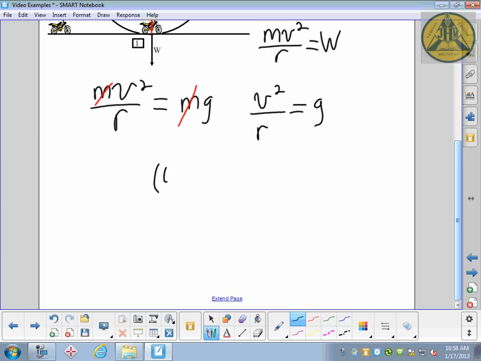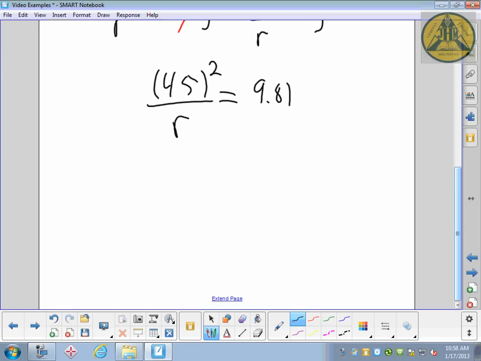So the maximum speed of this guy is 45. r is what we're trying to figure out. That has to equal 9.81. So we'll do some cross multiplying magic. And 45 squared is 2025. So cross multiply the r up to the other side, so it'll be 9.81 times r.